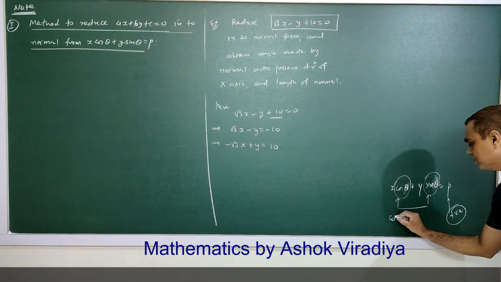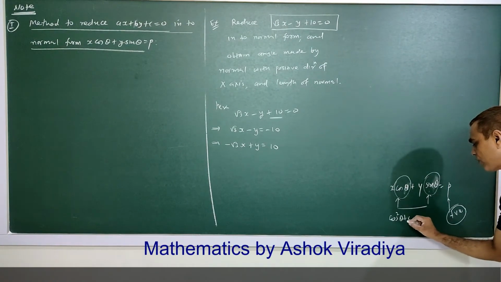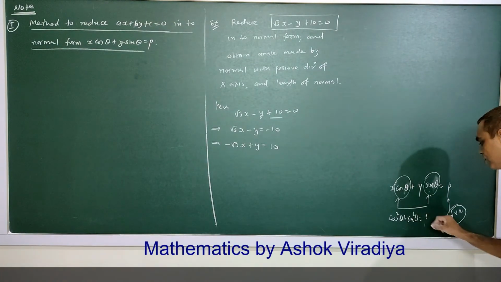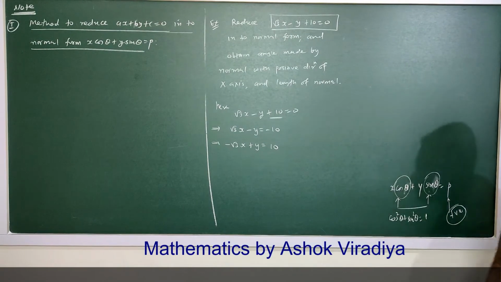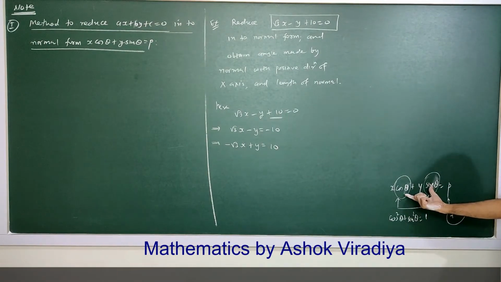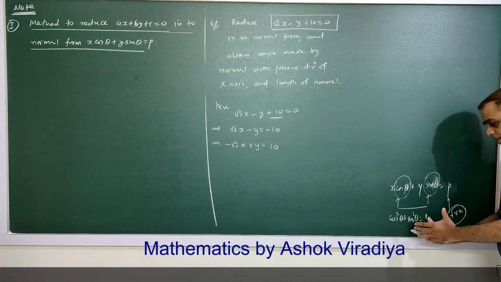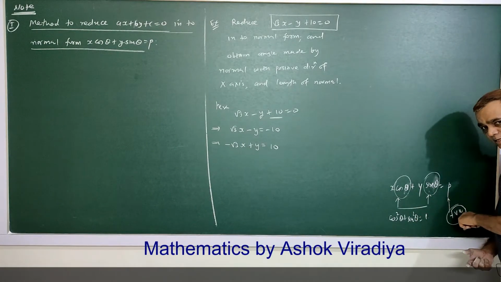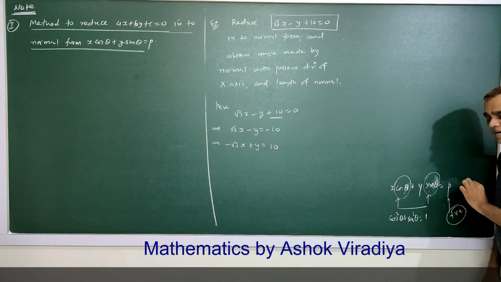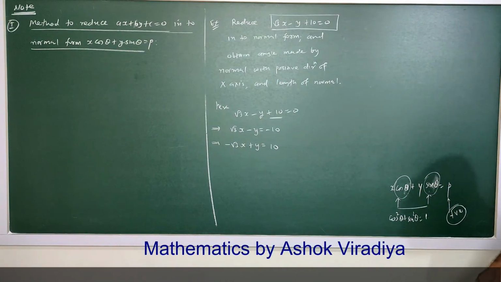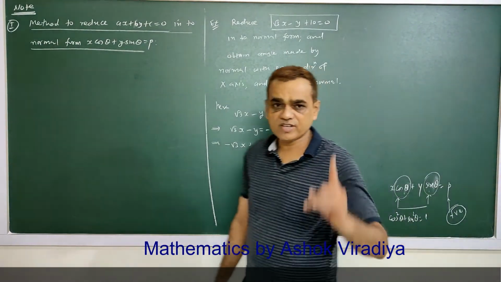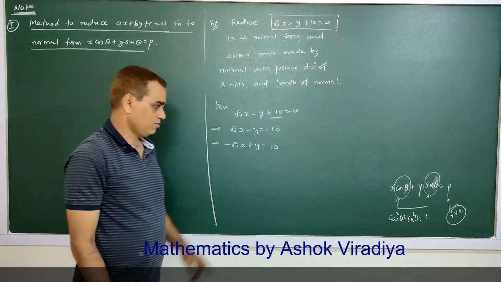If the sum of squares of the coefficients of x and y is 1 and this number is positive, then theta and p can be obtained.